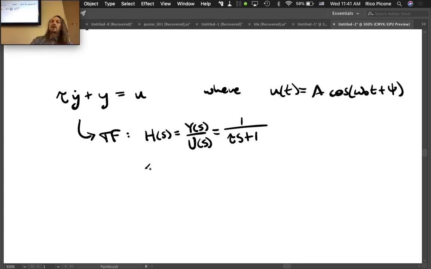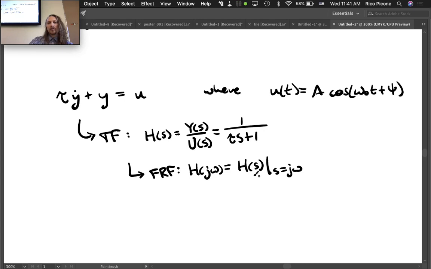Or maybe you found the transfer function from impedance methods, or however you found it. You can go to your frequency response function by just using the fact that H of j omega equals the transfer function evaluated at s equals j omega, which is just 1 over j omega tau plus 1.